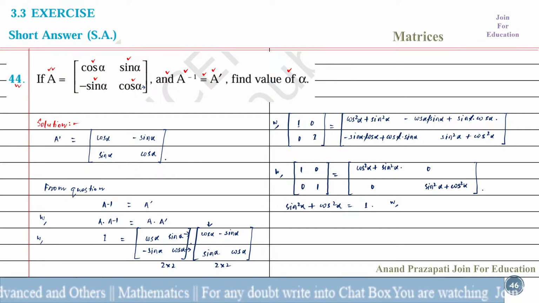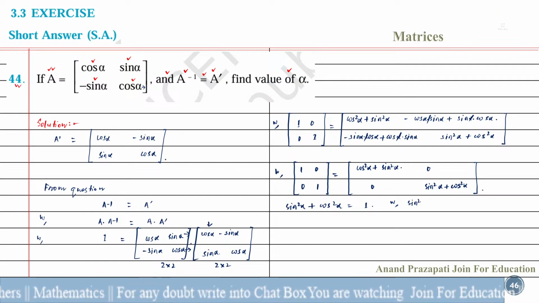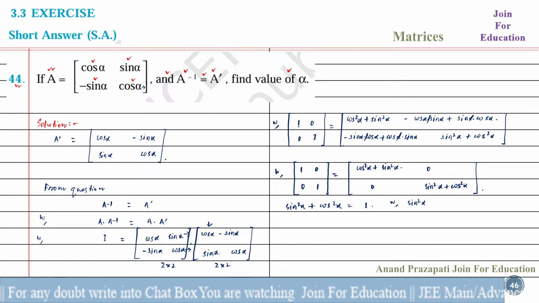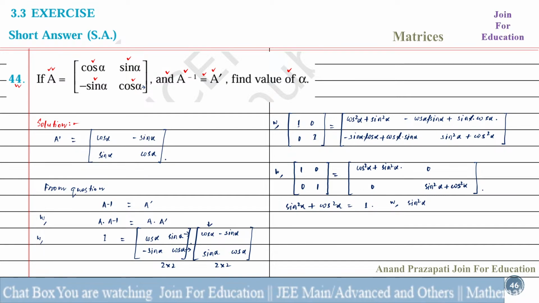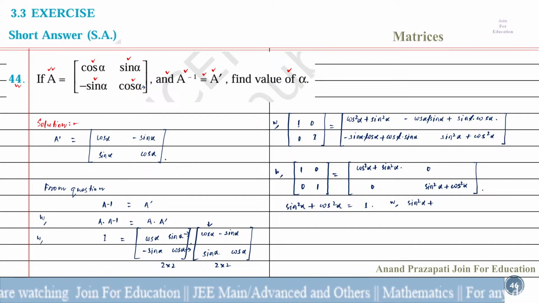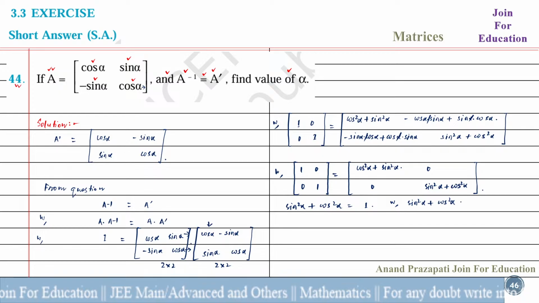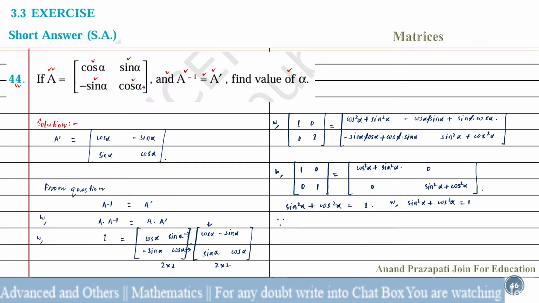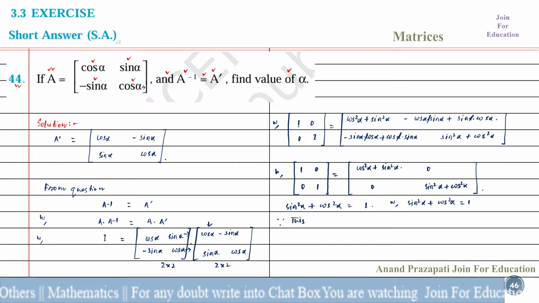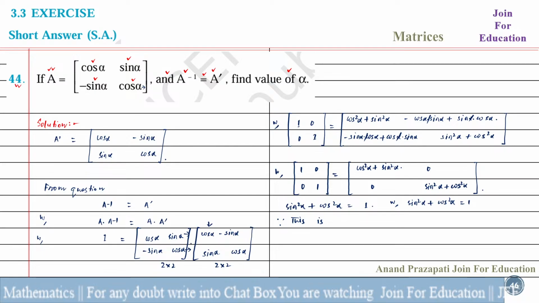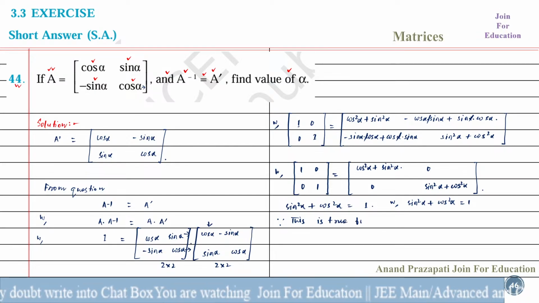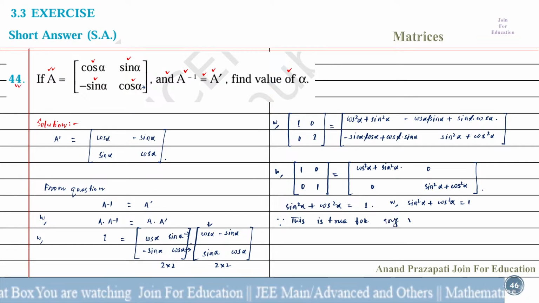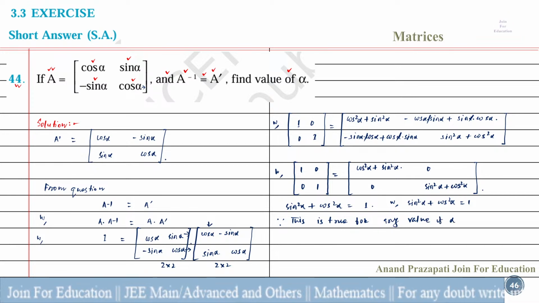Then we write down here sin square alpha plus cos square alpha equal to 1, so this one is true for any value of alpha.